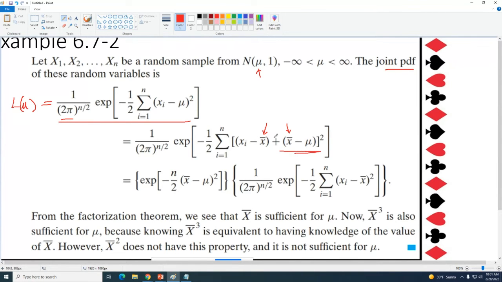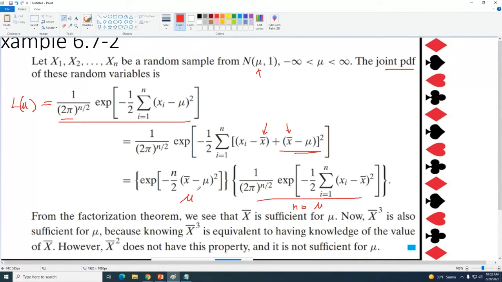So we're going to separate the exponent here. Part of the exponent is the summation between these two exponents. This is the part that has mu, and we factor it outside. And this part has no mu. This part has no parameter mu, and this is the one that concerns mu.